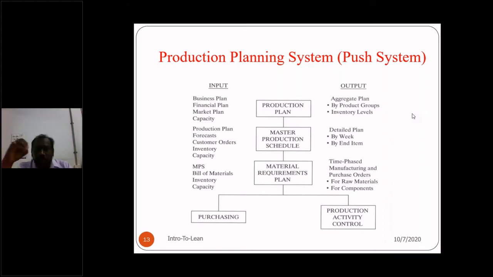That is why the lean tools will clearly direct you to sort out the things, to settle the things, to systematically organize the things. Then ultimately it will direct you to sustain.